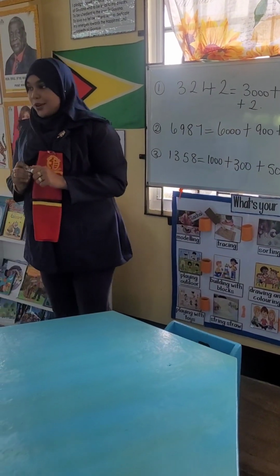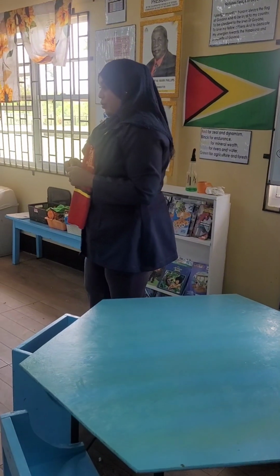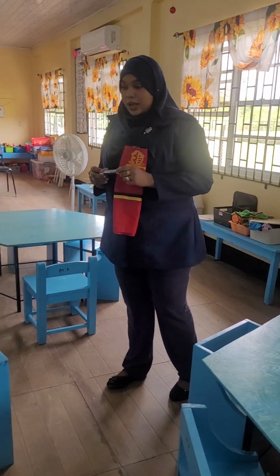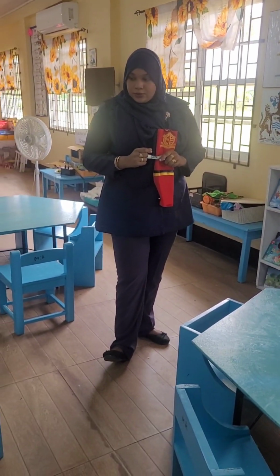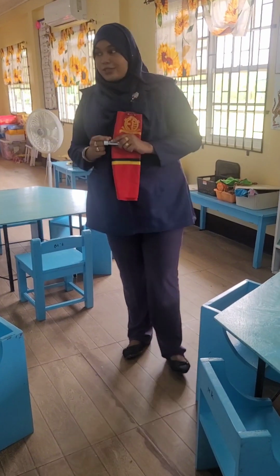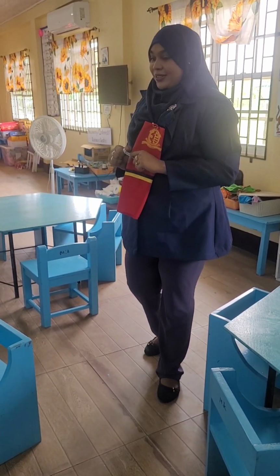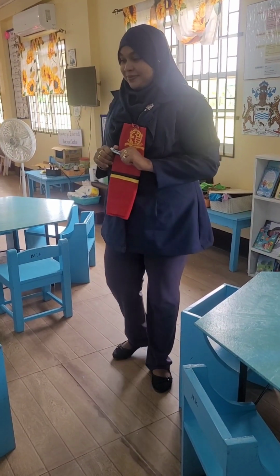So, I hope everyone enjoyed today's lesson. I hope you grasp the concept of place value. I hope every one of you understand place value. So everyone understand, everyone enjoy the lesson. Very good. That is all for today's mathematics work.